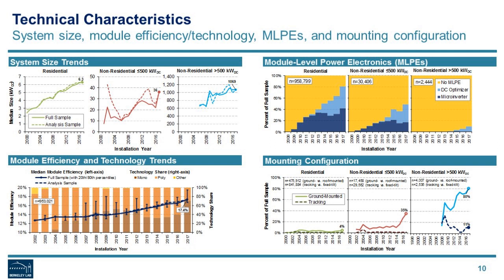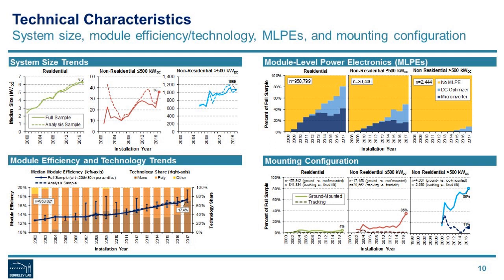Somewhat related to the system size trends are the trends in PV module efficiencies shown on the lower left. As you can see there, median module efficiencies have also been growing pretty steadily over time. Over the last year of our analysis period, that growth may partly reflect a pretty dramatic uptick in the share of monocrystalline modules in our sample, which are generally more efficient than polycrystalline modules.